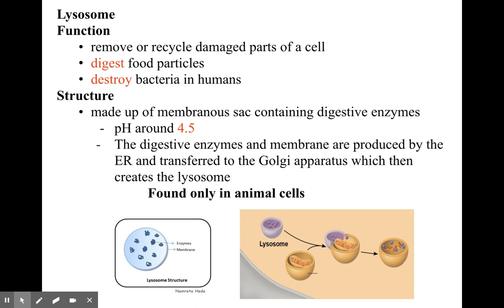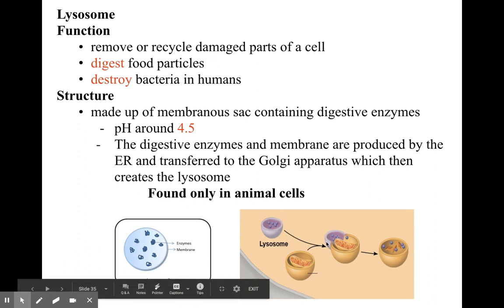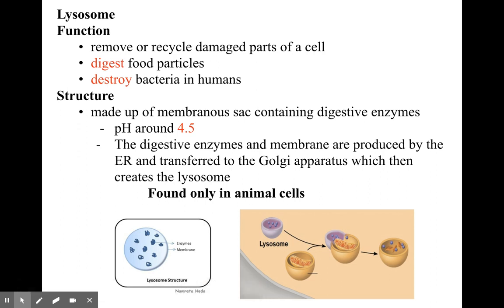And what does that lysosome do with those digestive enzymes? Well, it helps digest food particles inside the cell. It also helps destroy bacteria, especially in our white blood cells. We have special lysosomes inside our white blood cells that destroy bacteria. It also removes or recycles damaged parts like organelles. So in this picture, the lysosome is going to recycle the mitochondria because the mitochondria is not working anymore.